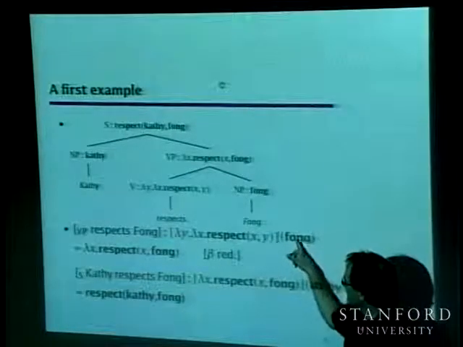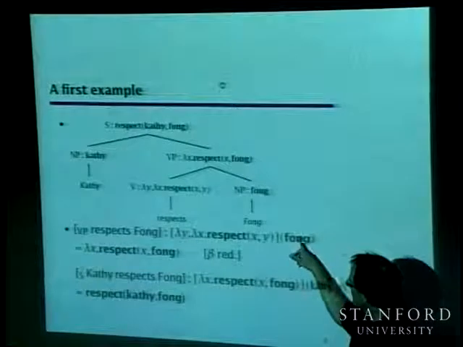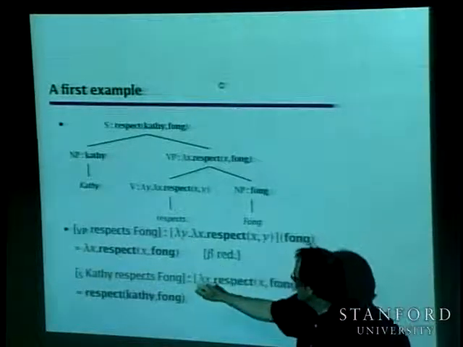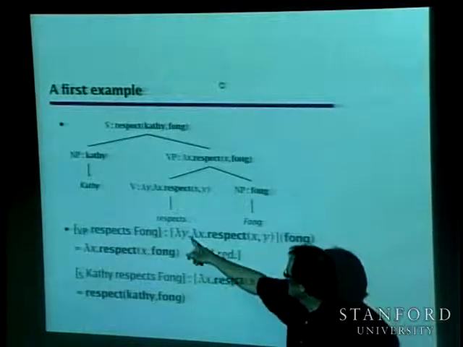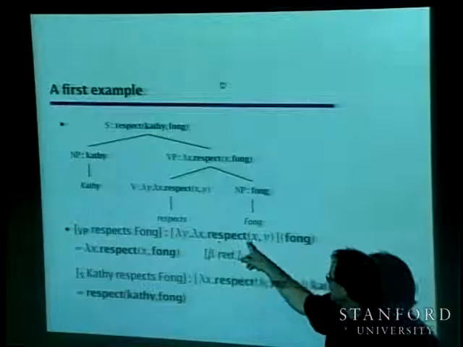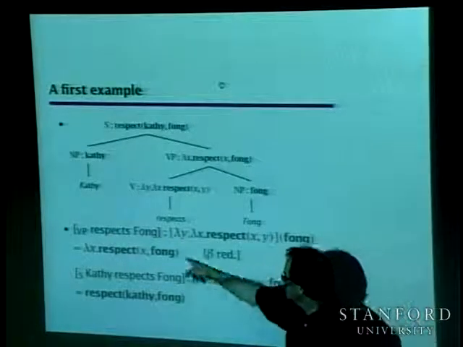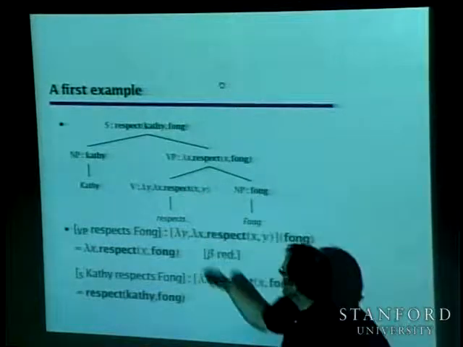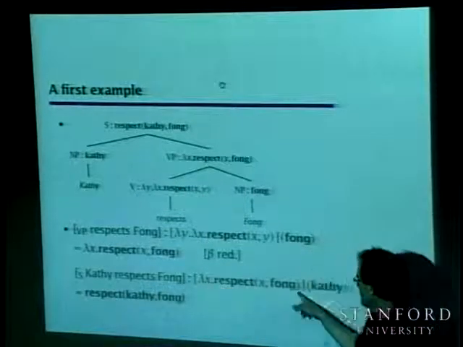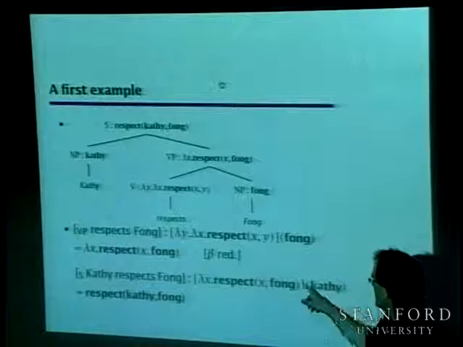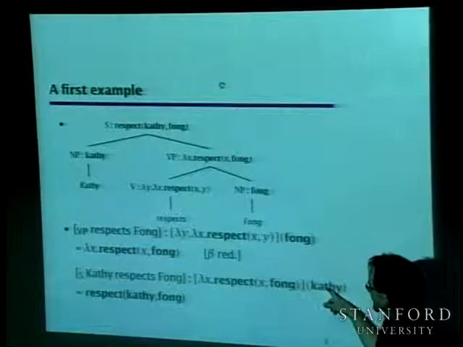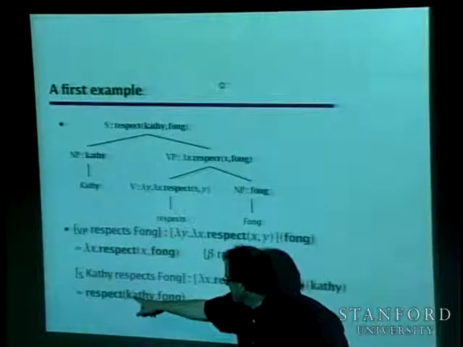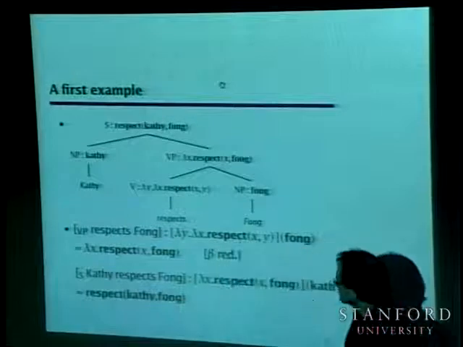When we do function application, Fong substitutes in for the value of y, and therefore the return value is lambda x respects x Fong. Then we do the same again at the top node. Here's the meaning of the verb phrase, we apply it to the argument of the subject, Kathy, and so we get out Kathy respects Fong.